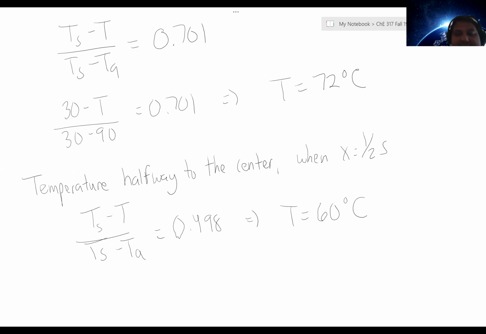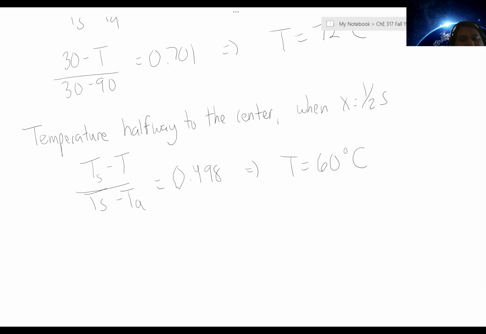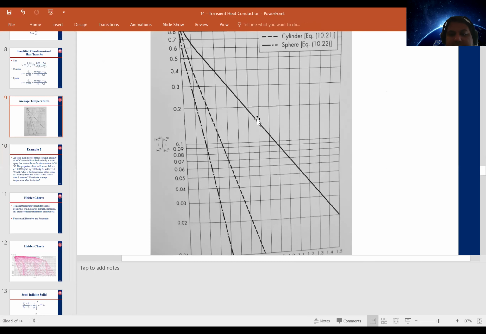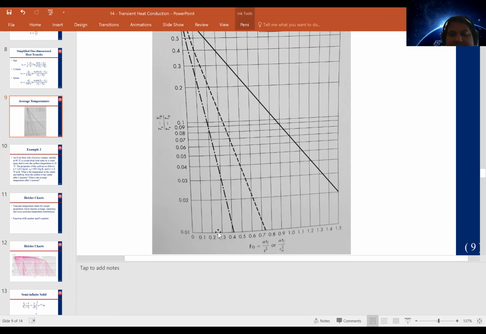Then for that condition, to find the average temperature, knowing that our Fourier number is 0.241, if we'd like, we can use this graph and solve for when our Fourier number is 0.241, which is about here, our average, which is showing here, this T bar over T naught, we get a value of approximately 0.45.